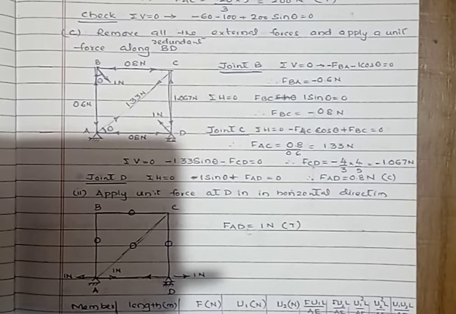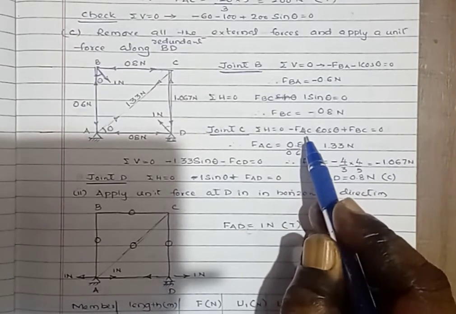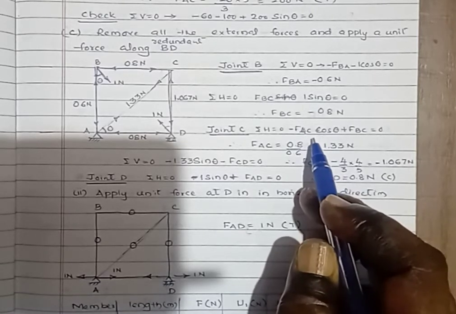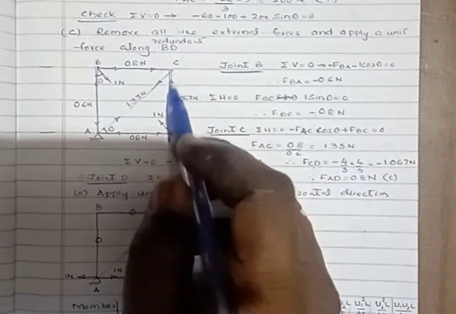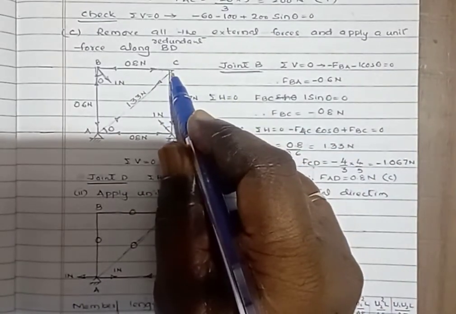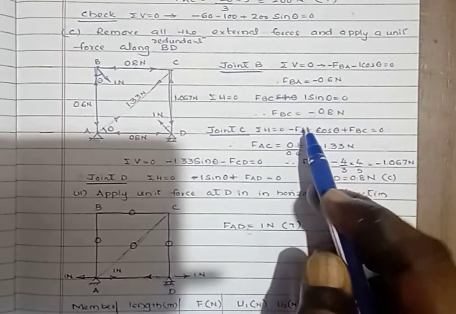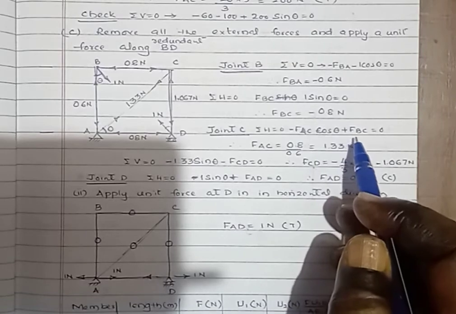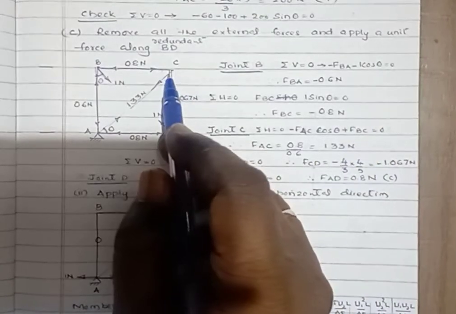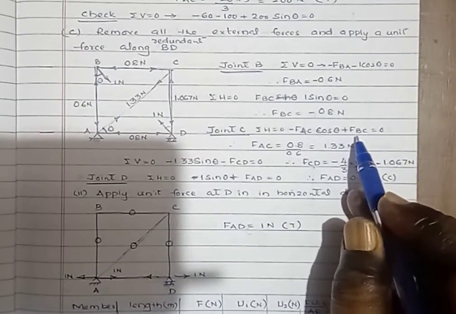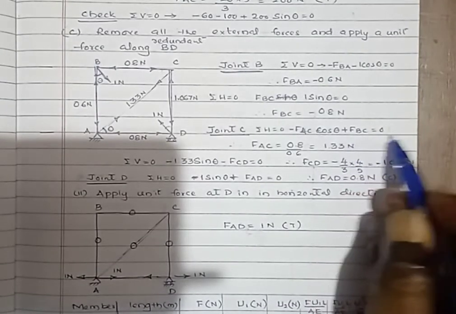Then at joint C, summation of H equals 0. The force in the member due to the unit load along the redundant, that is U_EC cos theta by resolving this force, plus the force in the member BC due to the unit load, that is U_BC, equals 0.